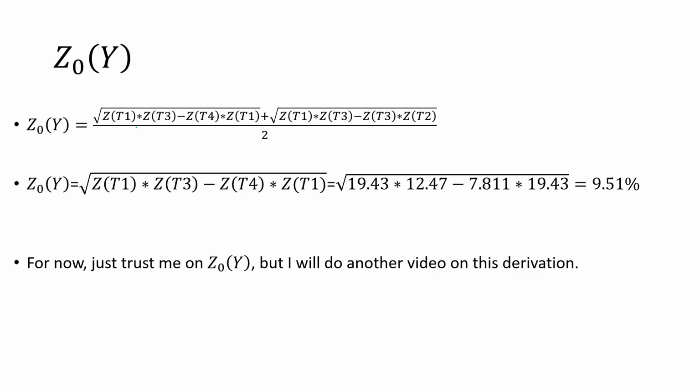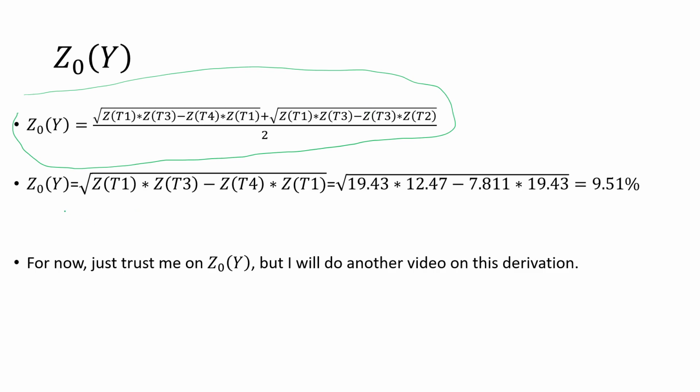If you want, you can prove this equation here, but for now just trust me on this, and I'll provide the proof in a different video. So the zero sequence impedance of the stabilizing winding is this quantity. Basically it's 1/2 the square root of this quantity plus the square root of this quantity.